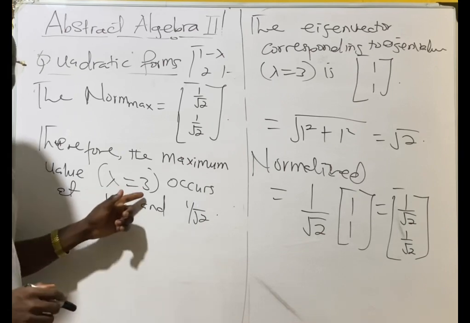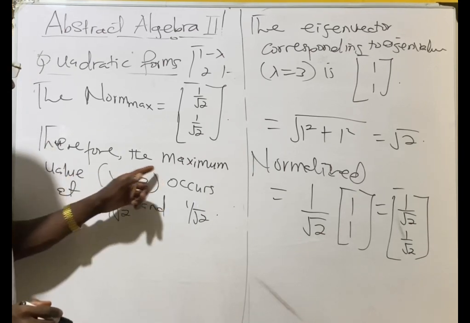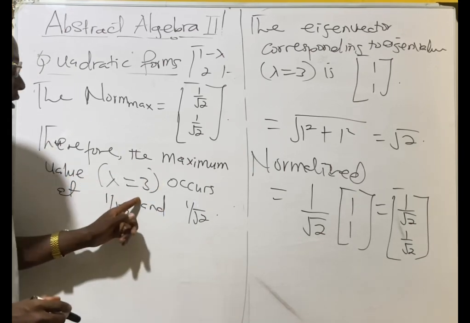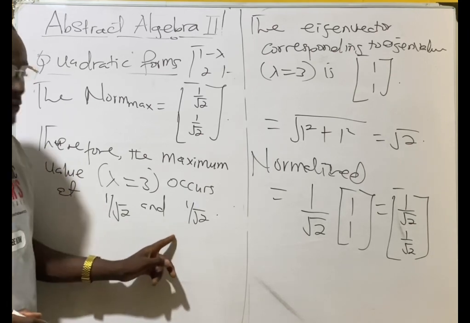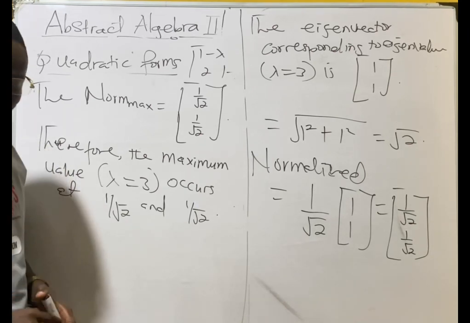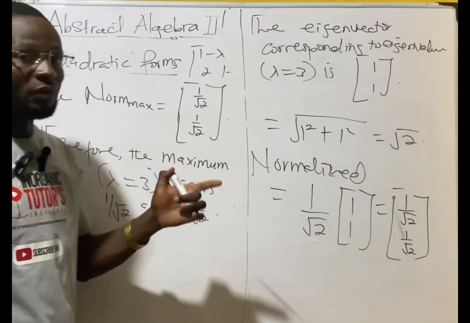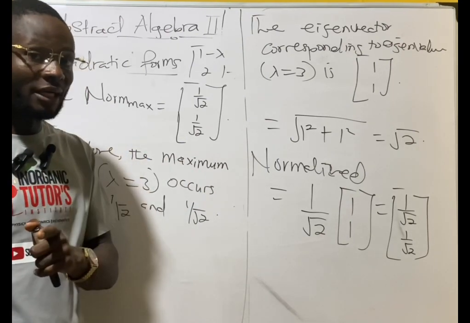So this is our conclusion. So it means that we have to check for lambda equals -1 as well.